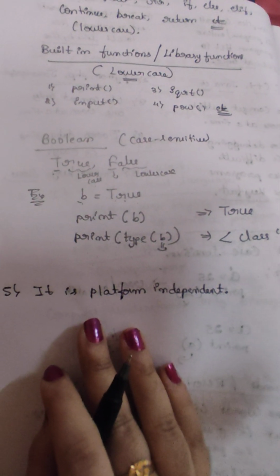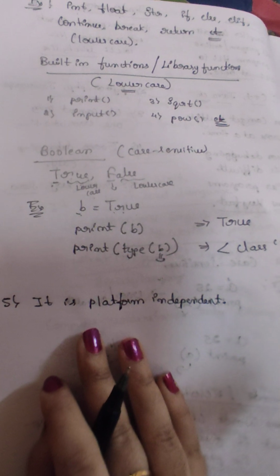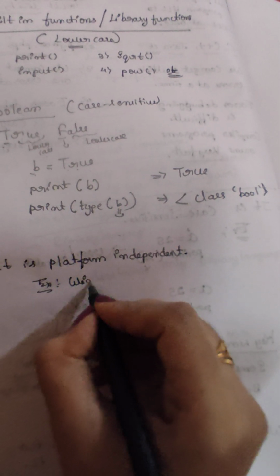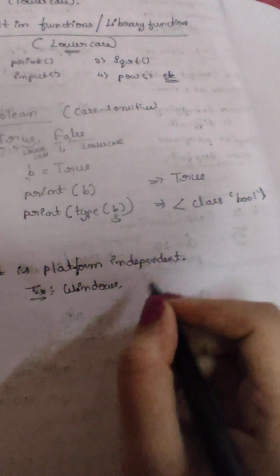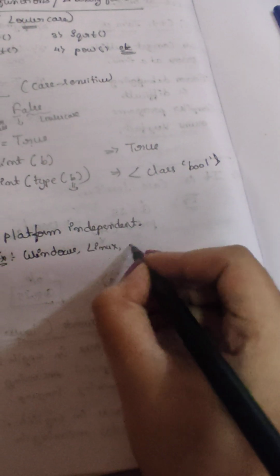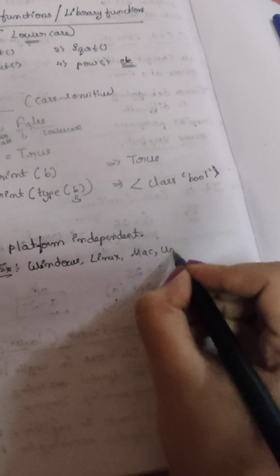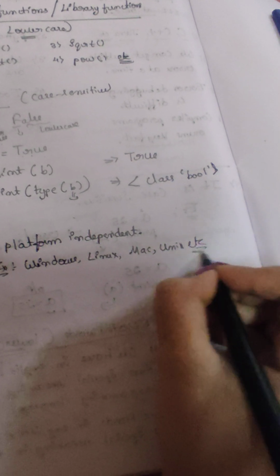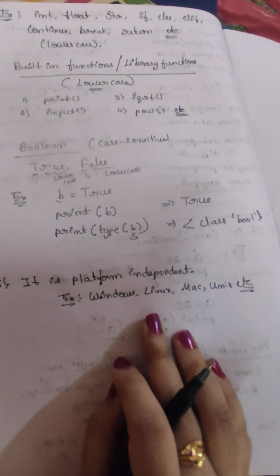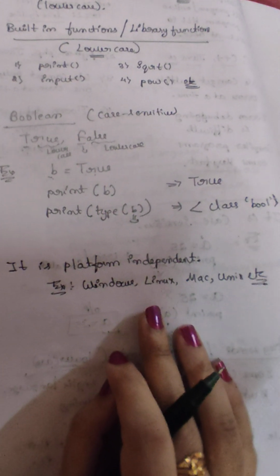Platform independent means we can run a Python program in any operating system. For example, you can run Python in Windows, Linux, Mac, Unix operating systems, etc. You can run a Python program in any operating system because it's completely platform independent.